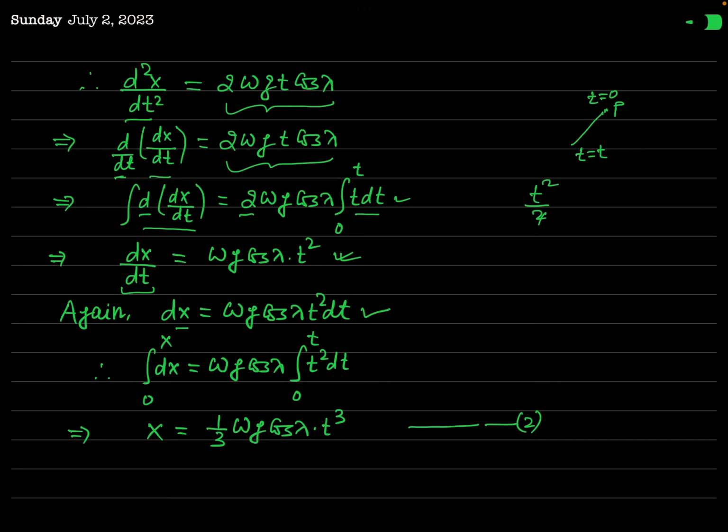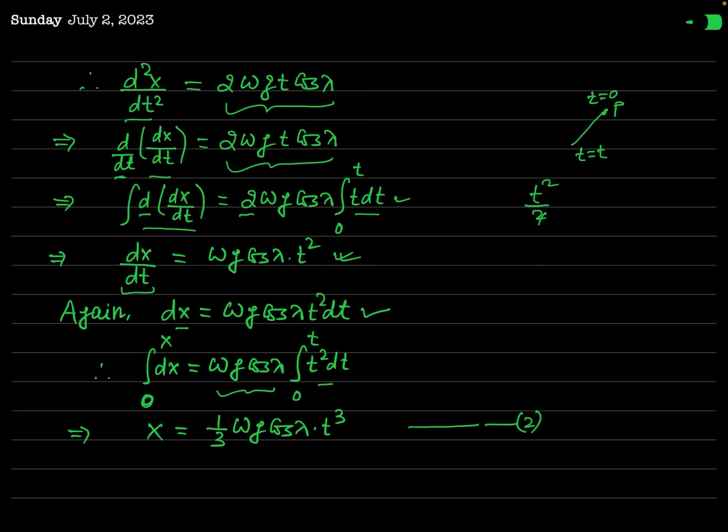Integrating dx and t square dt, because omega g cos lambda is a constant factor, it is outside of the integral. I have taken the limit for t from 0 to t. And when the particle has just been dropped, it suffers no deviation. So when t is 0, then x is also 0, so the lower limit for x is also 0.